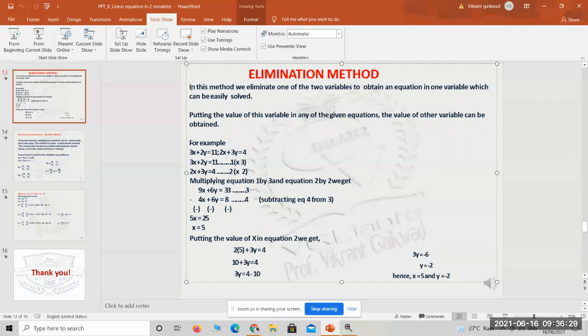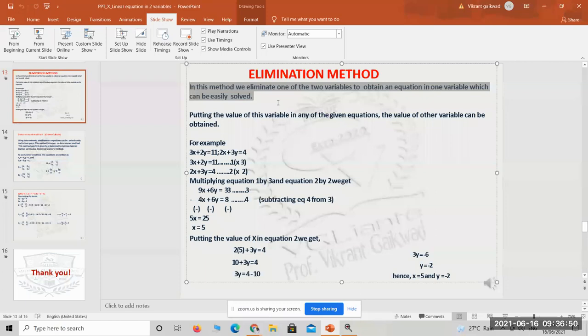Now check. In this method, we eliminate one of the two variables to obtain an equation in one variable which can be easily solved. So what we basically do in this is, we try to cancel off one variable.